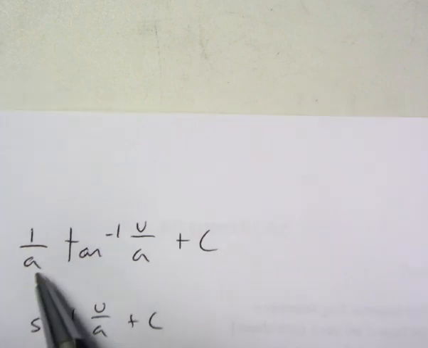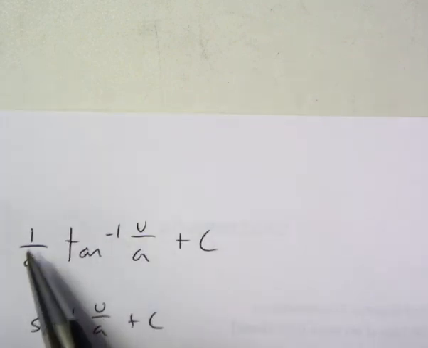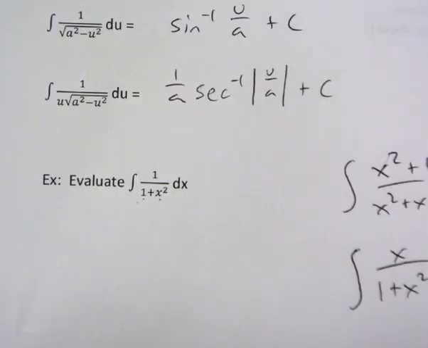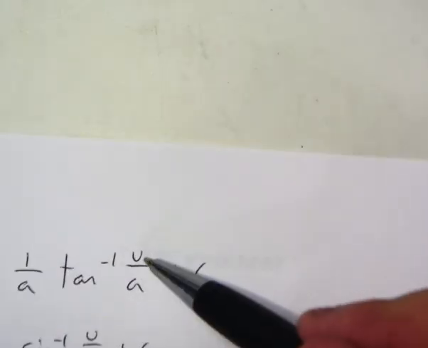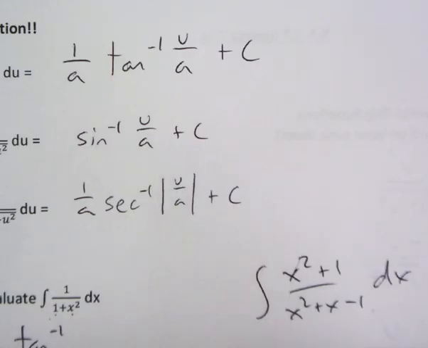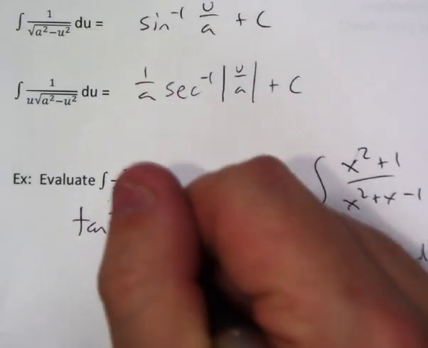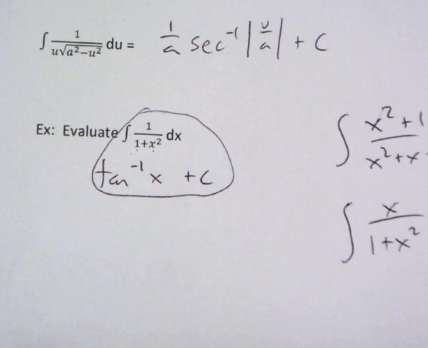So if a is 1 and u is x, and I look at this form right here, it's going to be 1 over 1, so 1, tangent inverse, and then it's u, which is just x in this problem, over a, which is just 1, so tangent inverse of x plus c. This right here is probably one you're going to want to recognize.